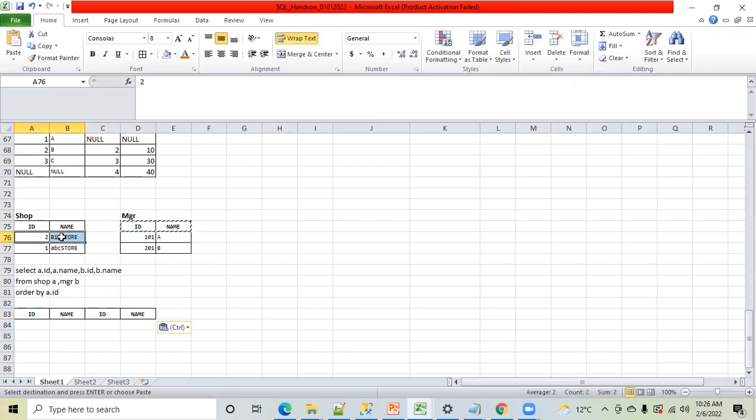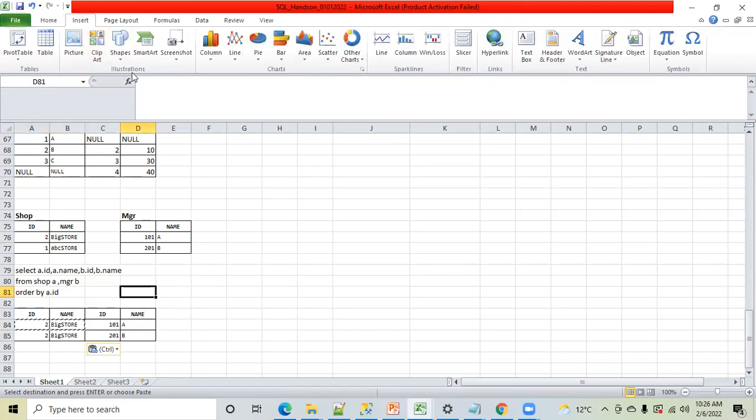It will first take the first record from the shop table, it's 2 and big store. And then it will take this data from the manager. Again this data is pending, so it will again come and fetch here for the same big store.